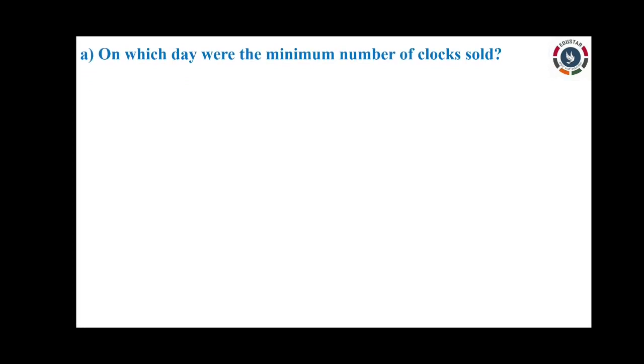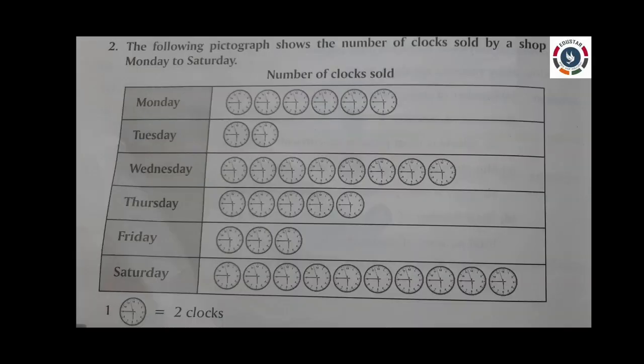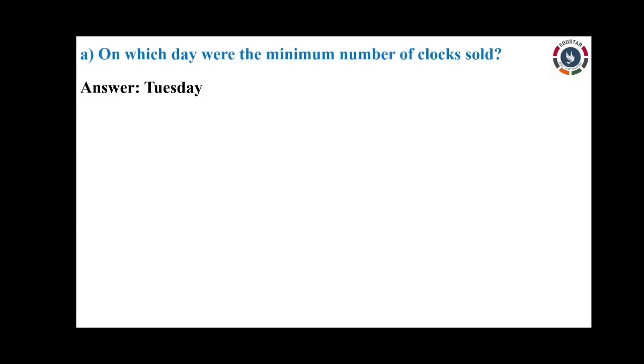On which day were the minimum number of clocks sold? Look at the pictograph. On which day less clock picture is there? Tuesday. So, Tuesday only sold the minimum number of clocks.